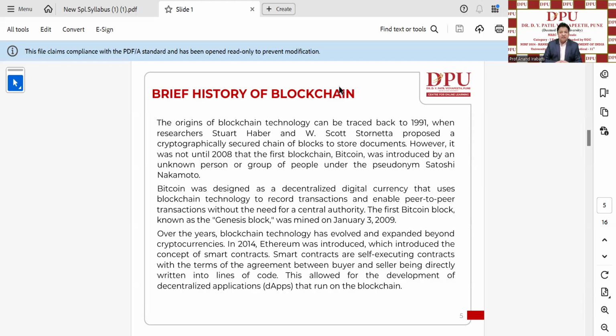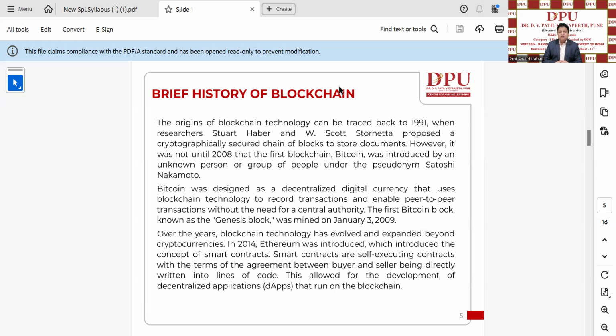And that expansion started in the year 2014 when Ethereum was introduced. So it was a milestone development in the history of blockchain. Why? Because Ethereum introduced the concept of smart contracts.